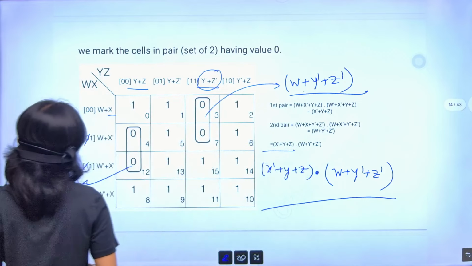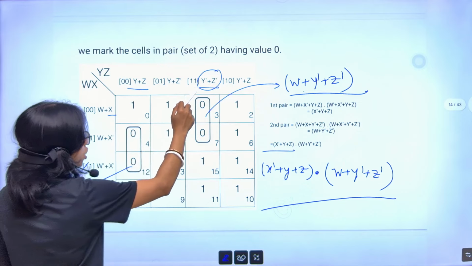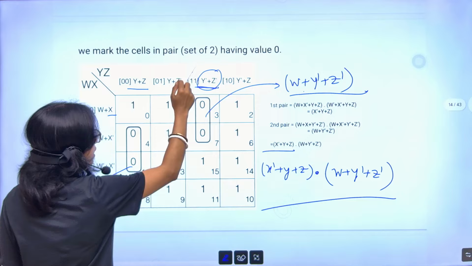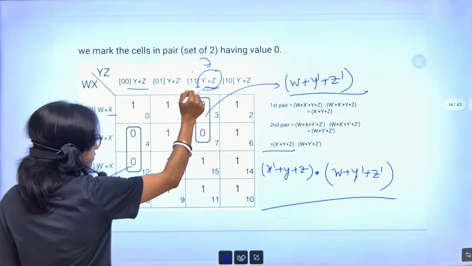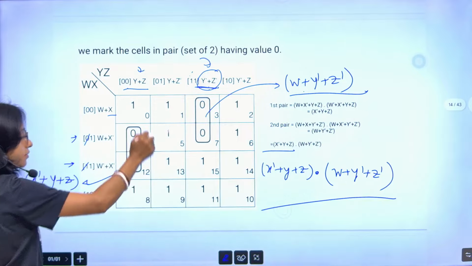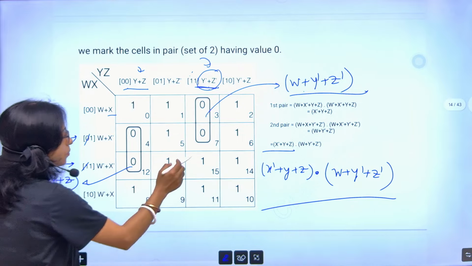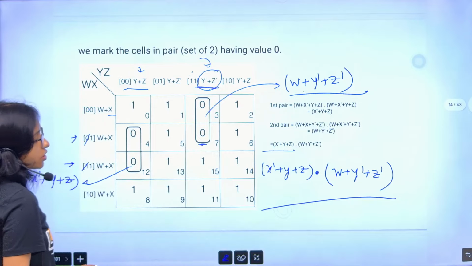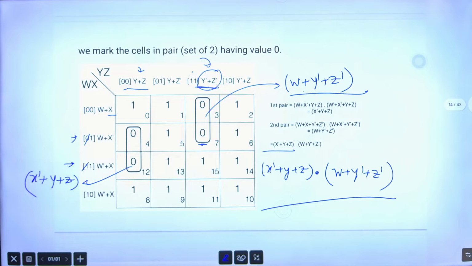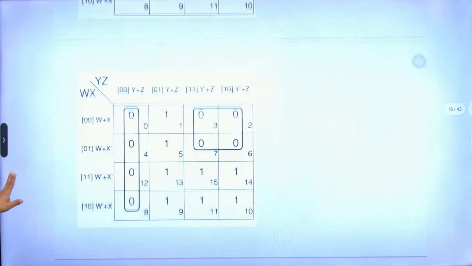That is the difference between SOP and POS. And at the time of writing also, be very careful here: 1 1 means complemented variable, 0 0 means normal variable. This is the difference between SOP and POS. In POS you are doing the grouping of zeros, and in SOP we are doing the grouping of 1. Are the rules clear?